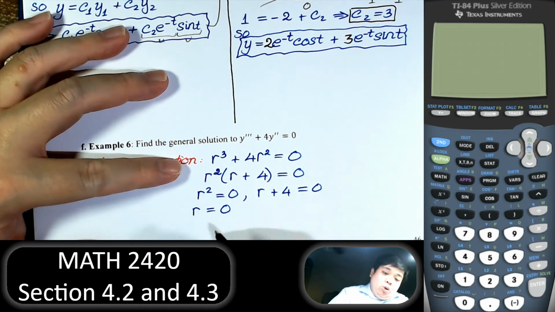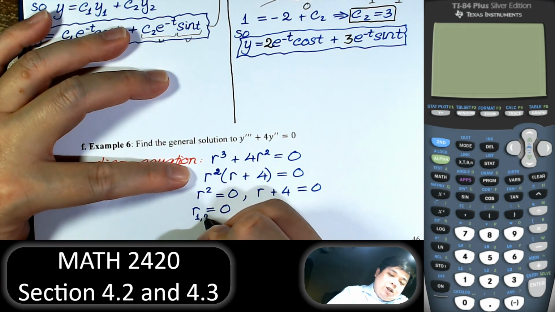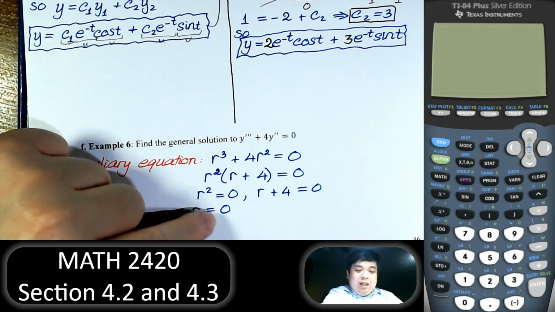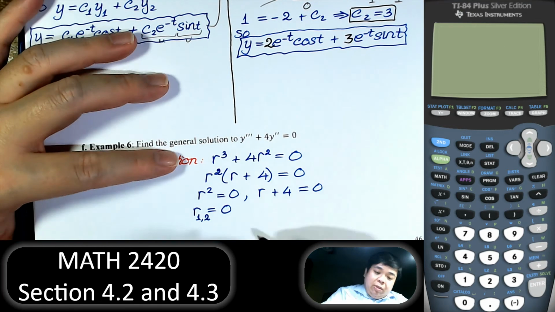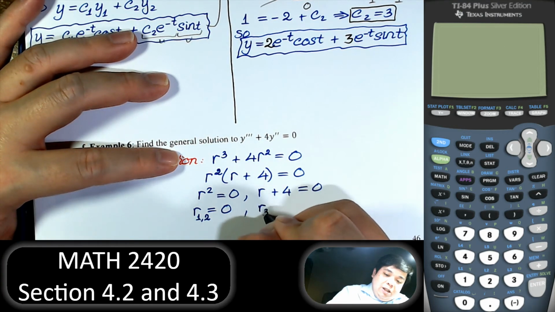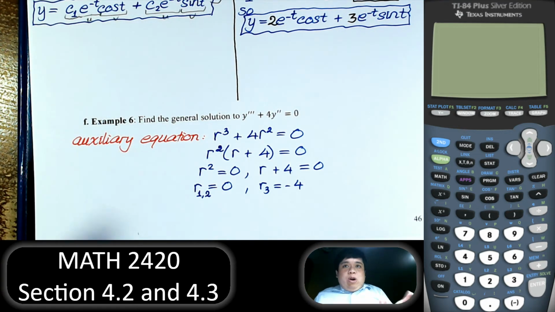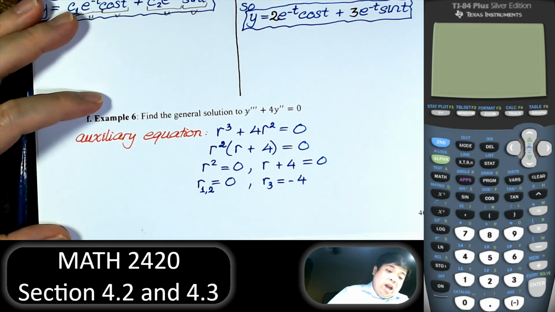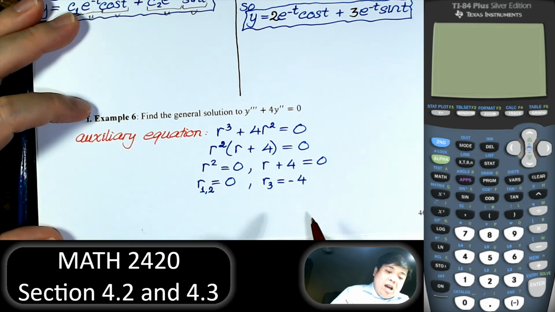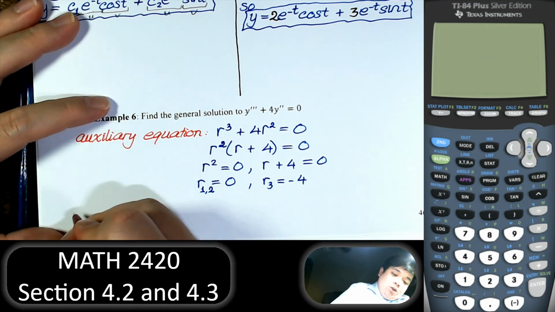Later on, if it's a double root, we just say r1 and r2 are the same: there are two solutions that have the same value of 0. And the other one is negative 4. I just want to put this example to show that it doesn't have to be second order. For higher order, we can still write the solution based on the three cases that we have.